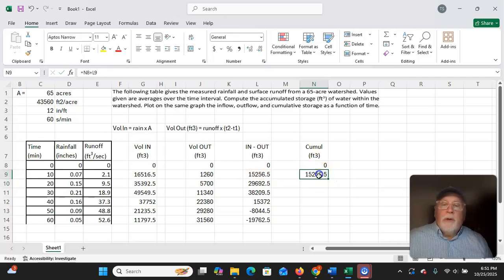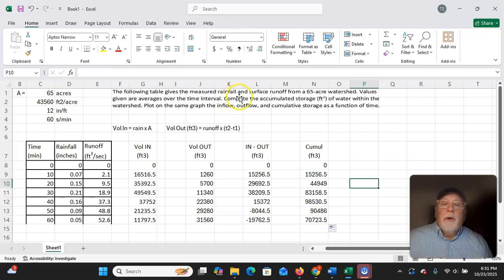And then the second one, we're getting 30,000 more in than out. So we're adding 30,000 to that. And then we're adding 38,000 of that, adding 15,000 of that. Now it's going to go back down by 8,000. And then it's going to go down by almost 20,000. So that's the problem there.